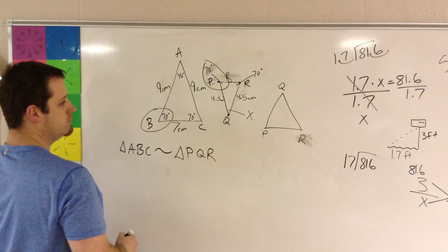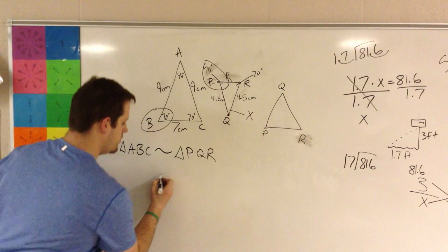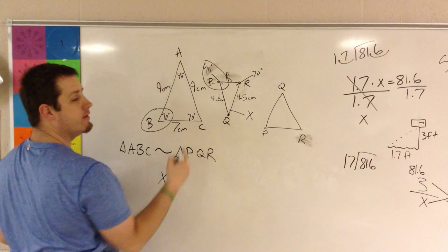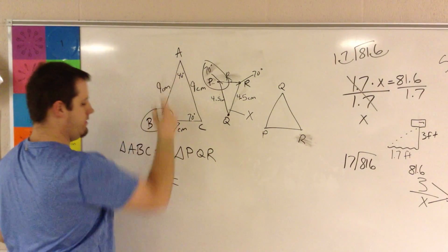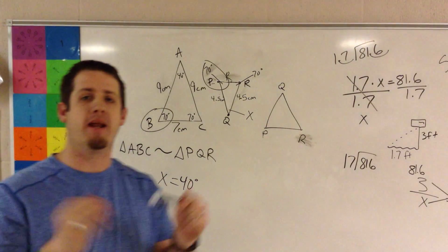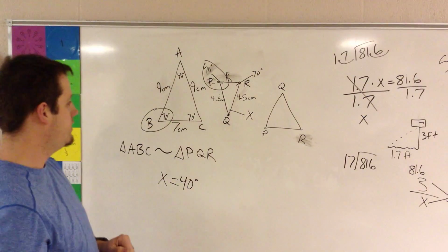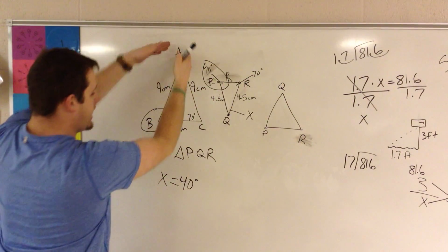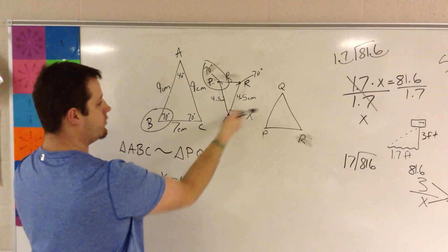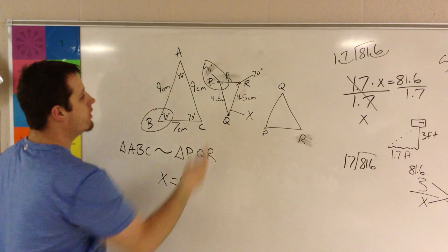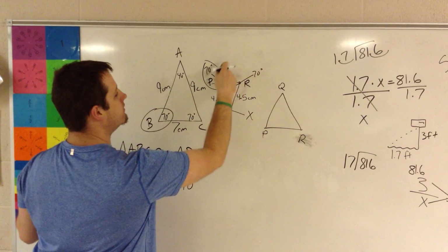With me? Alright, so what is the value of X? What does angle Q correspond with? A. So the value of X is 40 degrees, because corresponding angles are equal. If Q corresponds with A, then X is equal to 40, because that's what X is. It's angle Q.